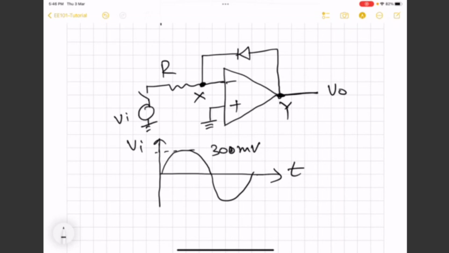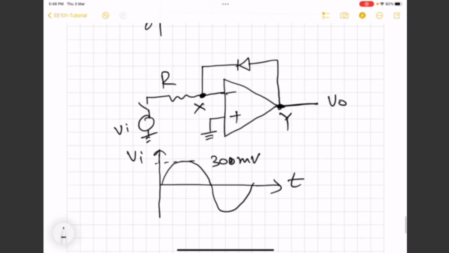The status of the diode will be decided only when this output voltage has been determined, and it experiences either a forward bias voltage or a reverse bias voltage. Otherwise, it will be switched off. So when you close this switch, in the beginning there will be some positive voltage that will appear here because of this Vi.